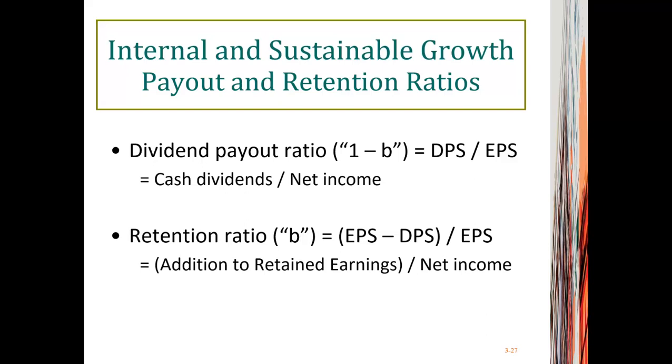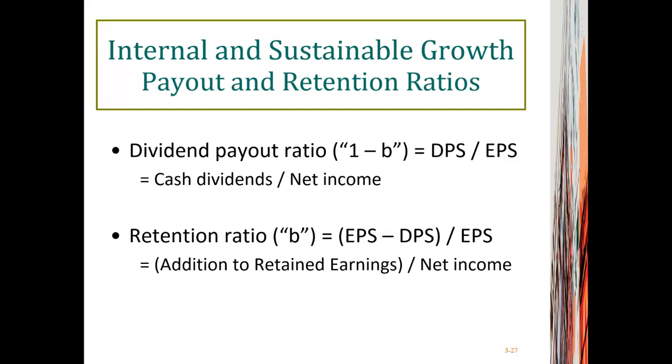They keep some money within the company for future investments. So the dividend payout ratio measures how much money has been paid out as dividends from net income. It equals cash dividend divided by net income. And what's left with the company is the money that the company can utilize for future reinvestment.